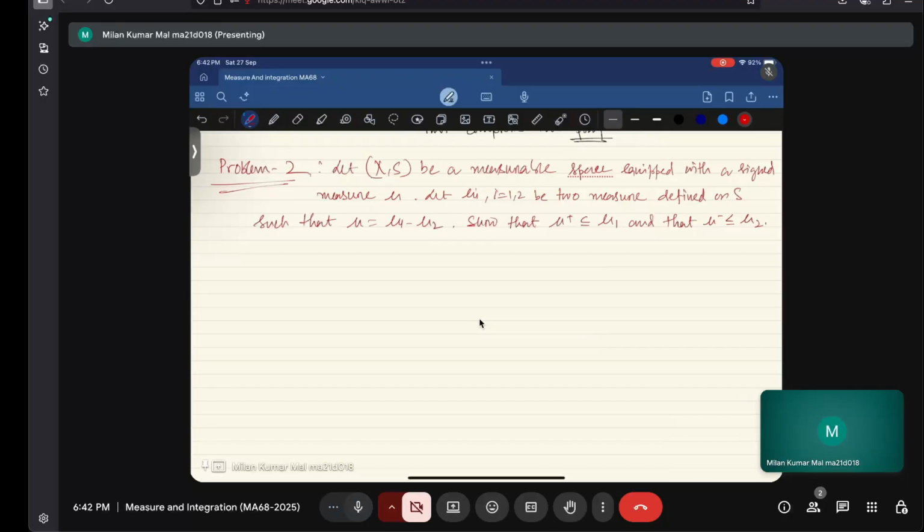Then mu plus is less than or equal to mu1, and mu minus is less than or equal to mu2. So this is the problem.